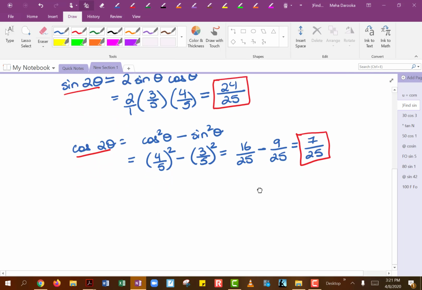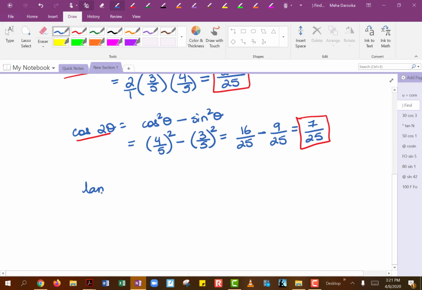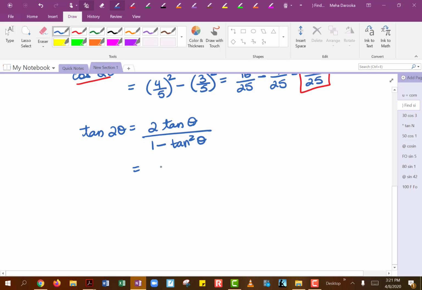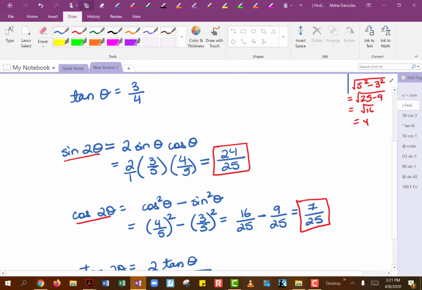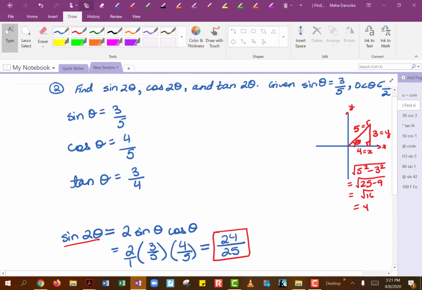And then the very last thing we have to find is our tangent of 2 theta. And this formula is 2 times tangent theta divided by 1 minus tangent squared theta. Okay? So 2 times tangent theta is 3/4.